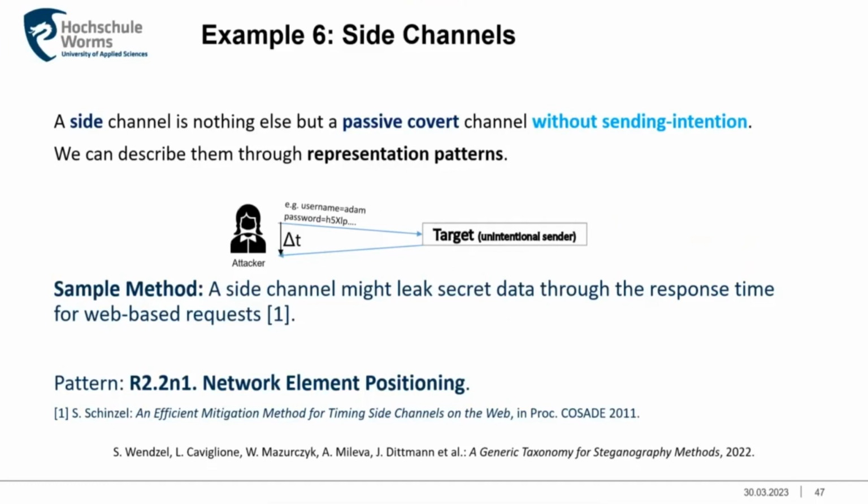The idea was you send like 1,000 requests for Adam, 1,000 requests for Eve, and so on, and you measure the average response time as exactly as possible, to differentiate between usernames that exist and that do not exist. Because if the username exists, what is the step that is taken next? The password will be checked. So that consumes additional time, so the response time will be higher. Only a tiny fraction, but this is nothing else but network element positioning again. It's like an interpacket gap that we measure.